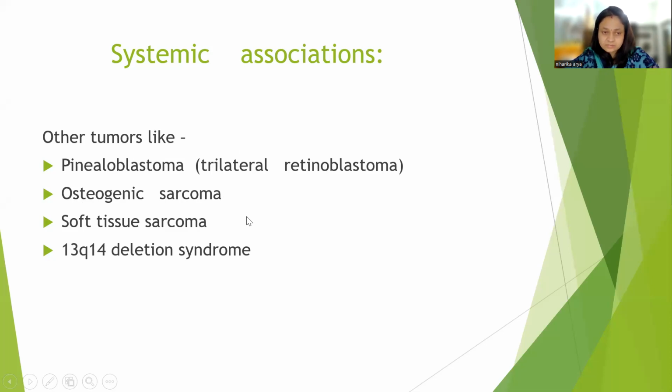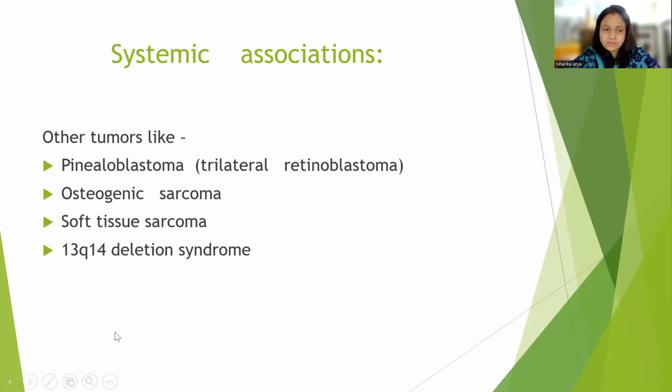Others are osteogenic sarcoma, soft tissue sarcoma, and 13q14 deletion syndrome. So these are the other tumors which can be associated with the retinoblastoma.